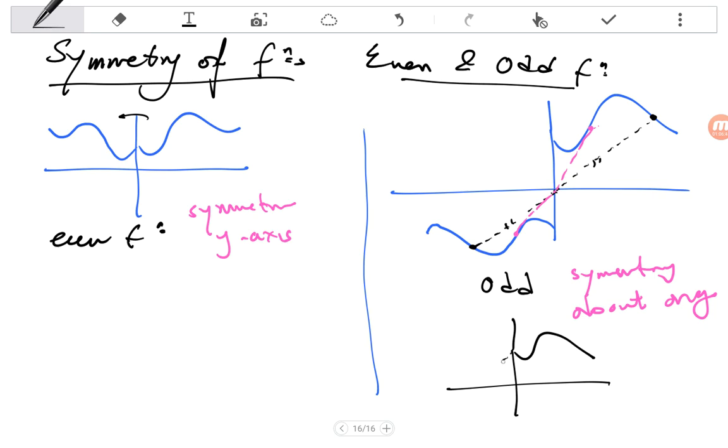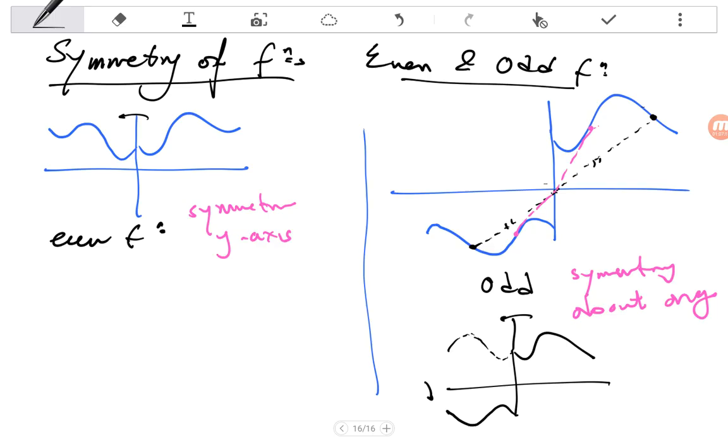We can make a reflection about the y-axis, then another reflection about the x-axis. So if I make two consecutive reflections, one about the y-axis, then another about the x-axis, I will get a function that is symmetric about the origin, or an odd function.